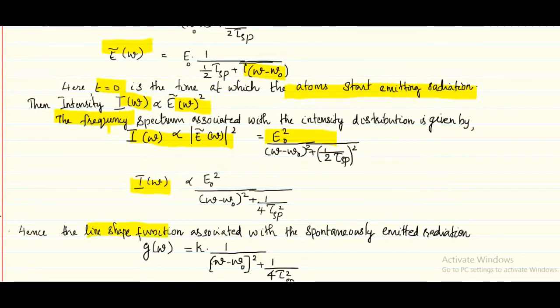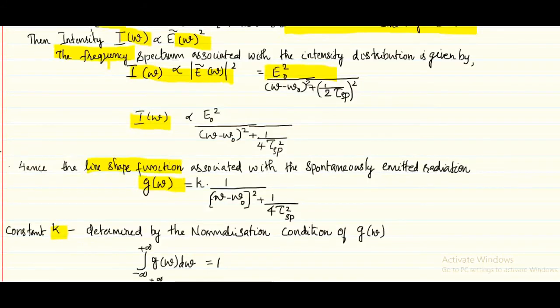Hence we can say that the line shape function associated with the spontaneously emitted radiation is g of omega equals a constant k into 1 by omega minus omega 0 whole square plus 1 by 4 tau sp square. Here k is the constant of proportionality, which is determined by the normalization condition of g of omega. The normalization condition is integral minus infinity to plus infinity g omega d omega equals 1.